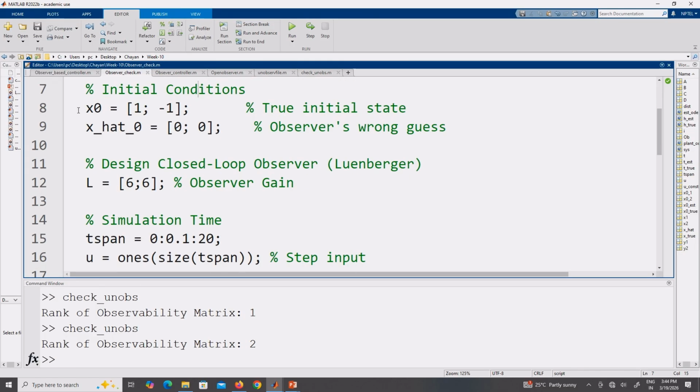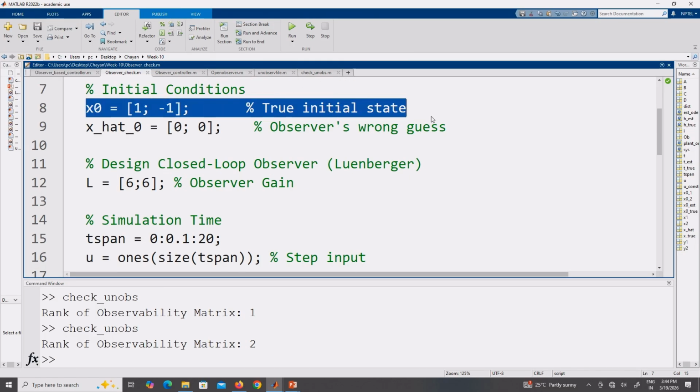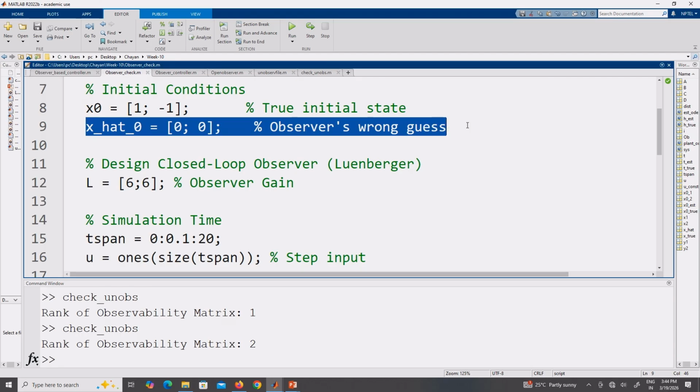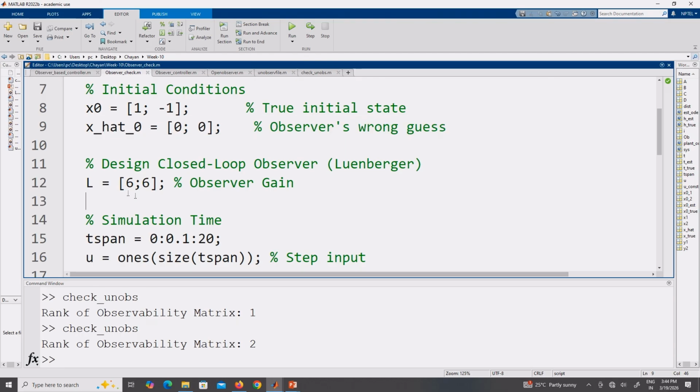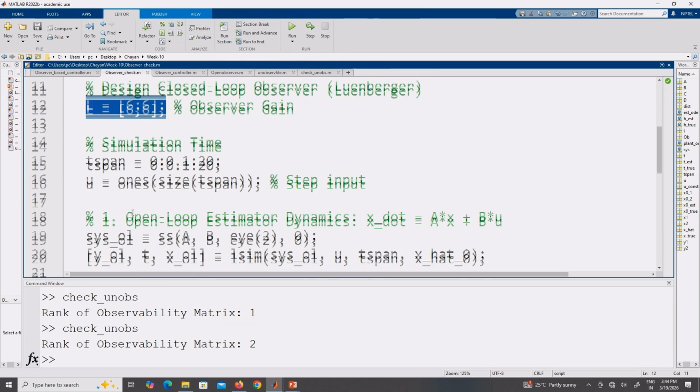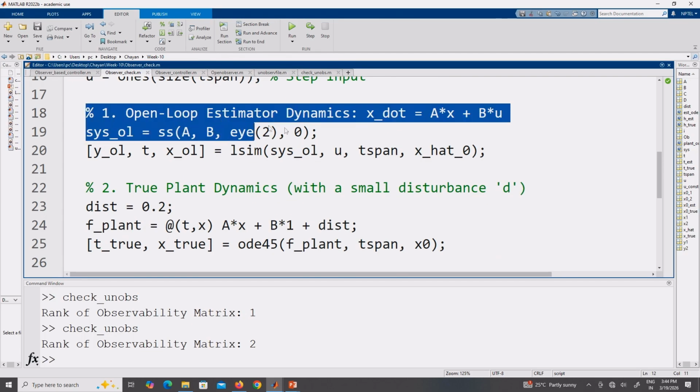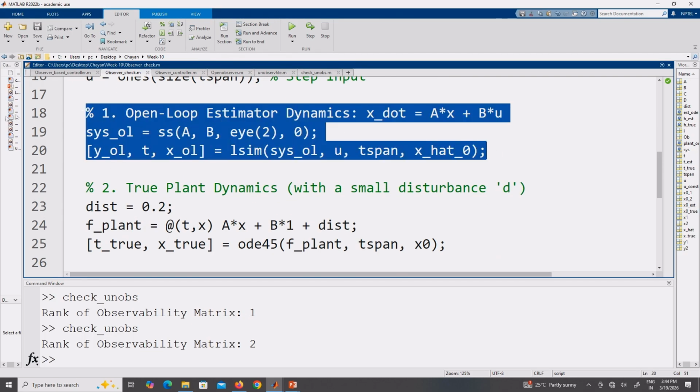Now, you see this is the actual initial state, the plant's initial state, and this is the observer state, as again the observer does not know what the actual state is. So, it is an observer's wrong guess. Okay. Let us say that I have chosen L equal to 6. I mean, how am I choosing that? All that we will discuss, but for now let us assume that this is the L matrix. Then I do two simulations. The first one is the open loop estimator.